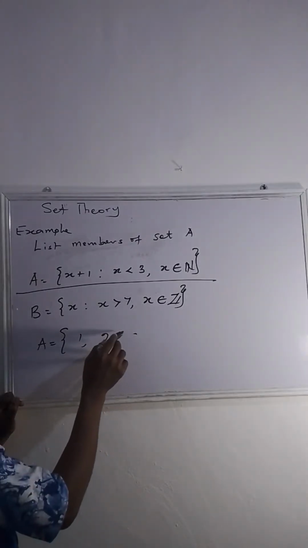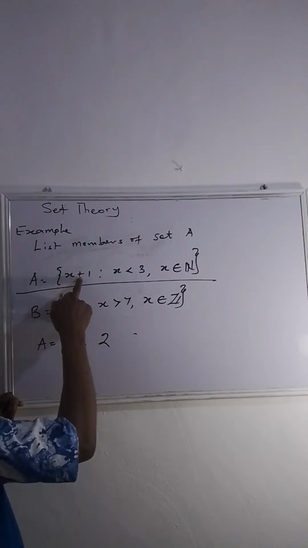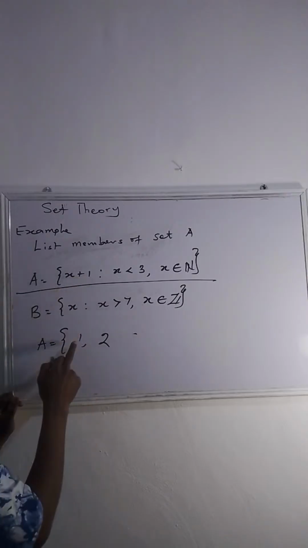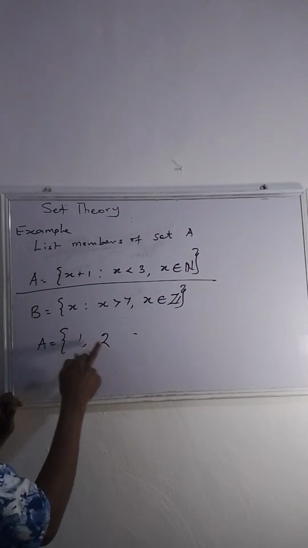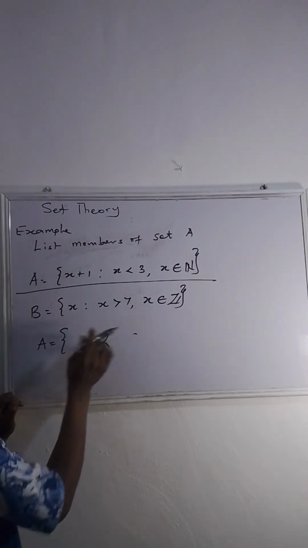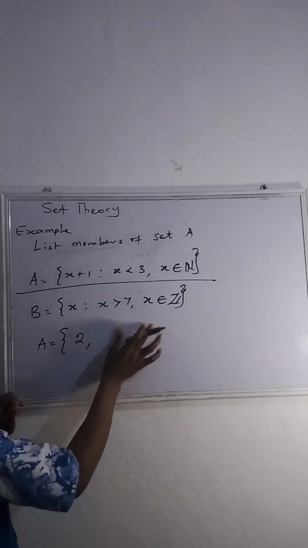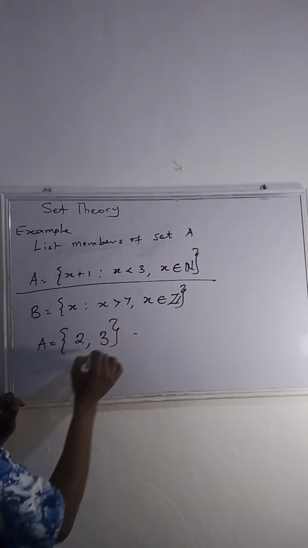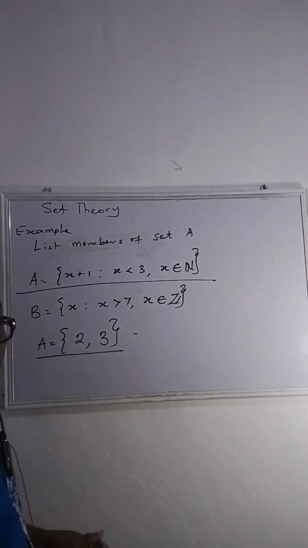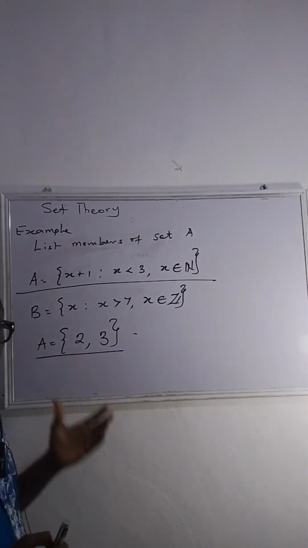But then a condition is given: x plus 1. So I'm going to be adding 1 to this and 1 to this. So this is going to give me 1 plus 1, that is 2, 1 plus 2, and that's going to give us 3. So this is what we have for set A. Those of you that got this answer, give yourself a round of applause. That's very good of you.